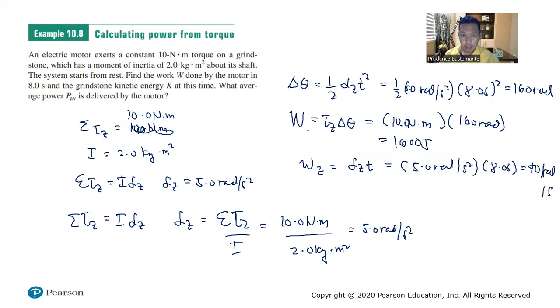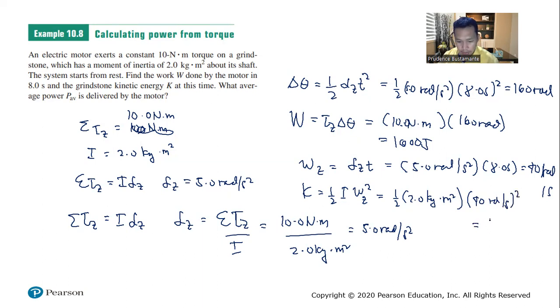Our kinetic energy is 1/2 times the moment of inertia times omega z squared, so 1/2 times 2.0 kilograms meter squared times 40 radians per second squared. This is equal to 1,600 joules.